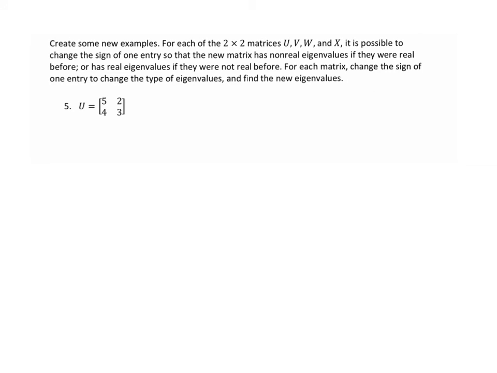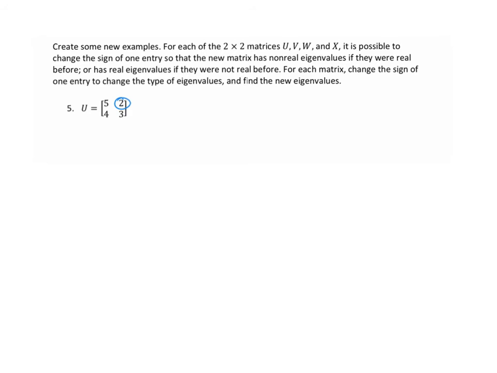Okay, so one thing that we can do is, this is just kind of neat. If we switch the sign of one entry in a 2x2, we can go from something that has real eigenvalues to something that has imaginary eigenvalues, depending on the situation. So for example, on this problem, if u is 5, 2, 4, 3, if I change this entry, instead of being a positive 2, if I make it a negative 2, and I'll give it a new name, 5, negative 2, 4, 3.